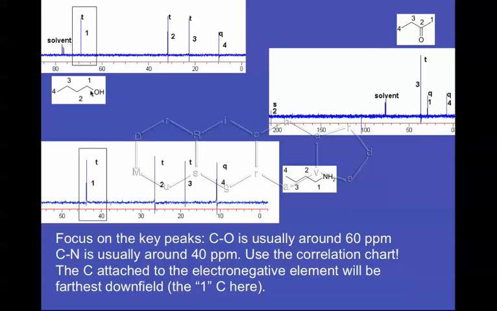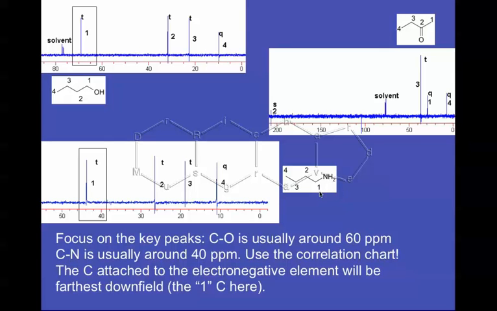That'll be the one that's closest to the electronegative group. So I know that this peak represents this C that's connected to the O. Likewise, I know that this peak is representing the C that's closest to the N. So again, the carbon that's closest to the electronegative group will have the highest ppm value. It will appear furthest downfield.